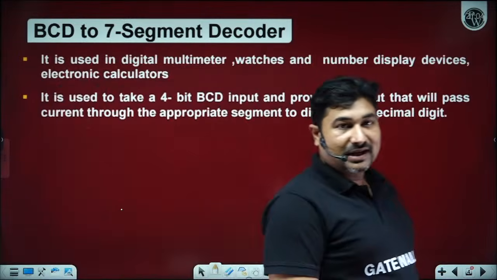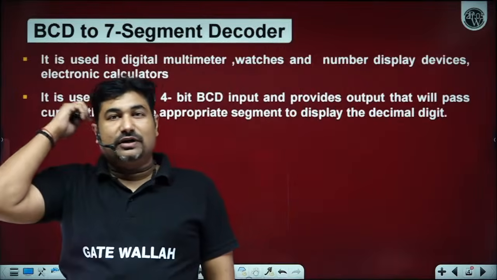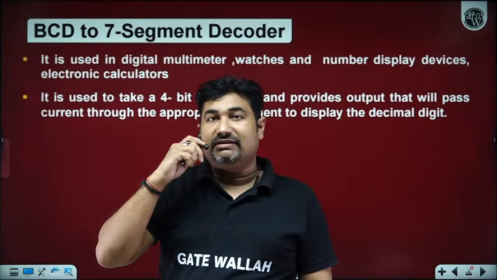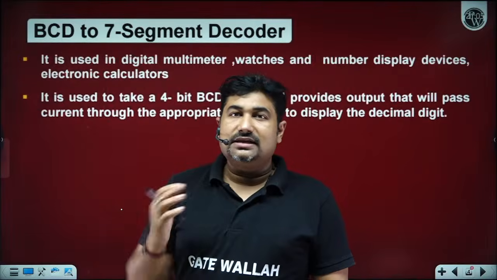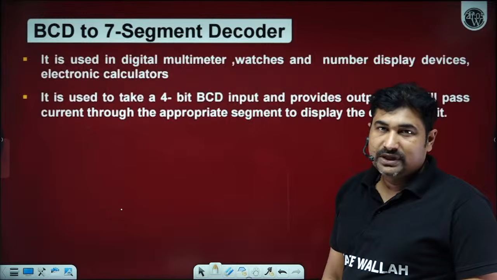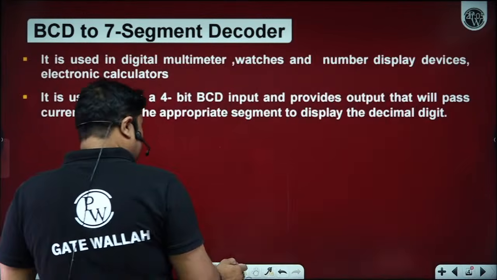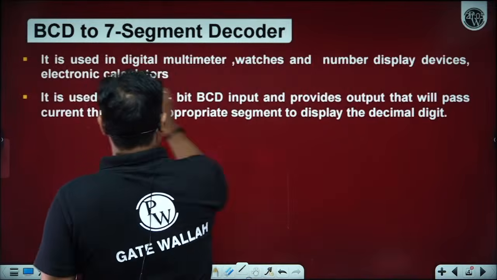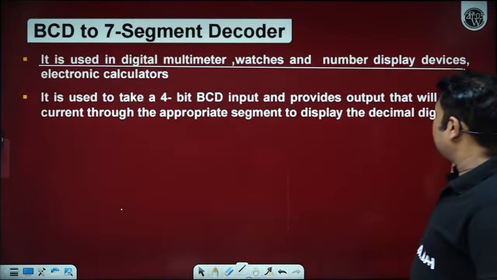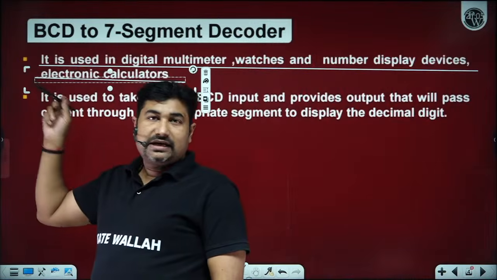Great. See, whatever we are observing in terms of numbers, like our watches, our calculator, they are somehow connected with the same BCD to 7 segment decoder. Please observe, it is used in digital multimeters, digital watches, number display devices and electronic calculators.